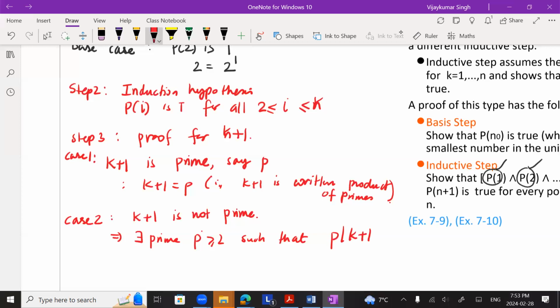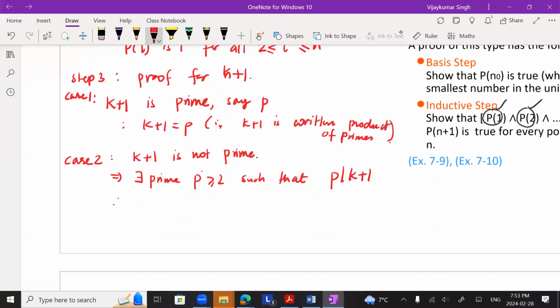So that means k plus 1 equals p times some d, where d is less than k plus 1 and greater than or equal to 2. Why is that the case?